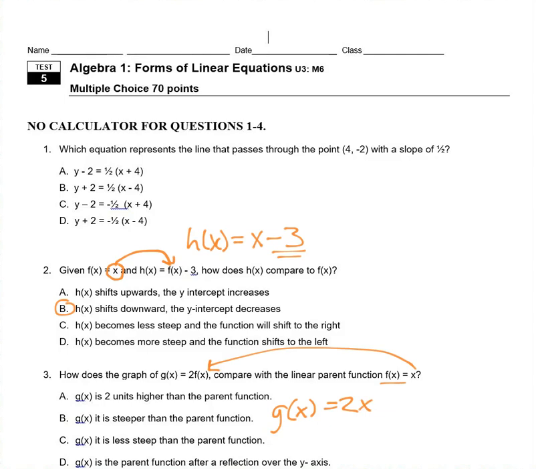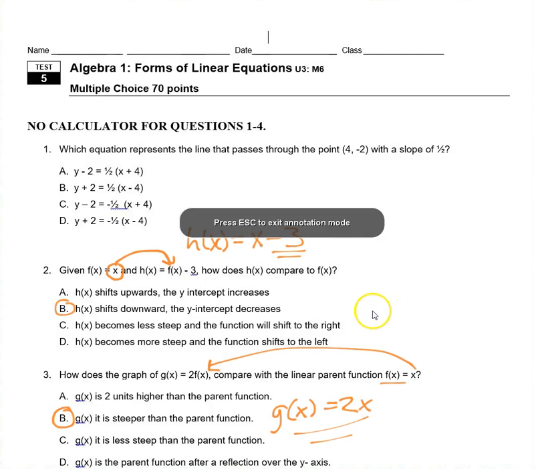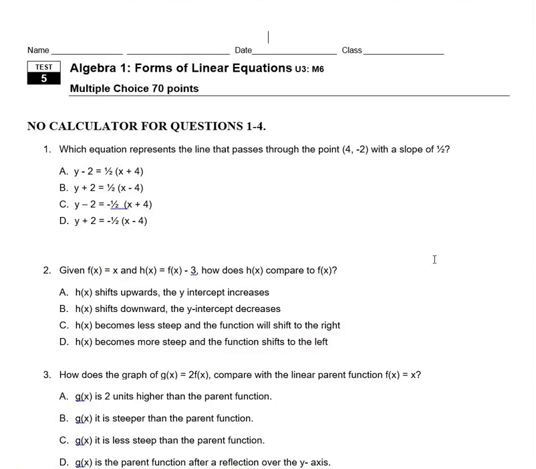And when you compare the graph of that equation to the graph of f of x equals x, you would see that g of x equals 2x is steeper than the parent function f of x equals x. So for question 3, the answer should have also been B.